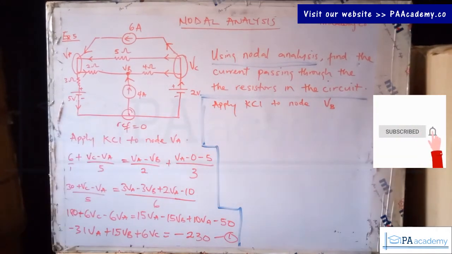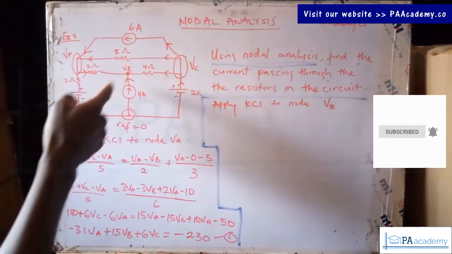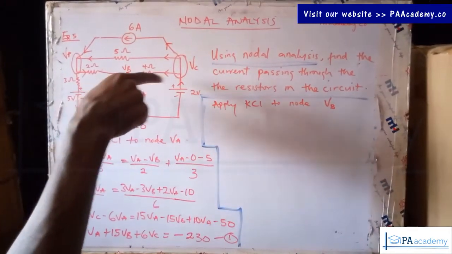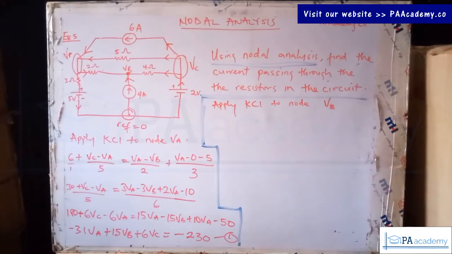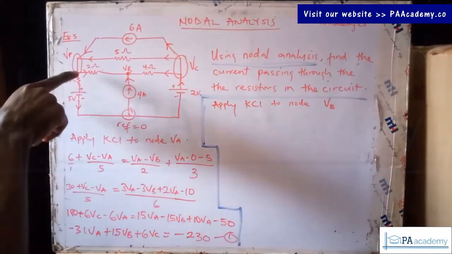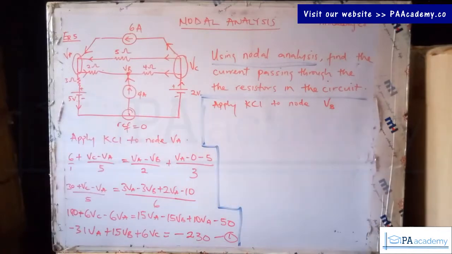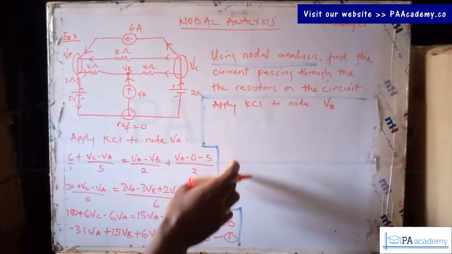Let's look at this node VB. Okay, all of them are incoming. So you can also have everything going towards one direction. So here is going into VB, this is going, and this is also going. So let's write an equation for it using KCL.